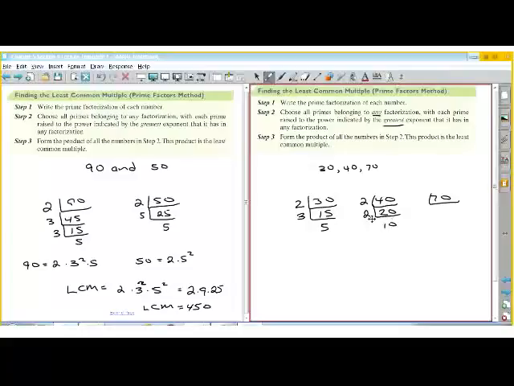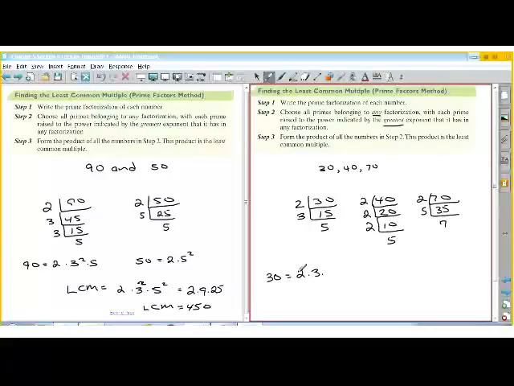You divide by 2 until you get an odd number, which is when you're finished. And then you do the same thing for 70. 70 divided by 2 is 35. This is not divisible by 3 because 3 plus 5 is 8, which is not divisible. So you divide by 3, which you can't do either. I just said I couldn't do 3, and then I did it. That was stupid. So then you can divide by 5, and you get that.